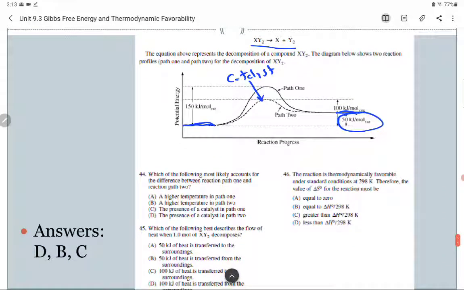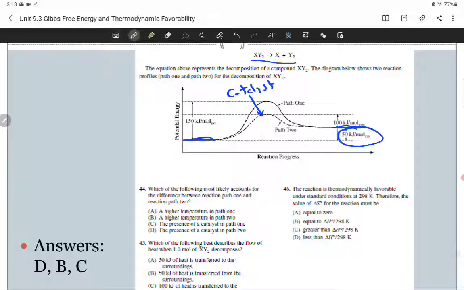Like always, we've got the answers already. D, B, C. Let's figure out what most likely accounts for the difference between the reaction paths. I had already mentioned that. The difference of these paths is a catalyst, and I said the lower hump is the one that actually has the catalyst, so I guess that gets us right to our answer already.